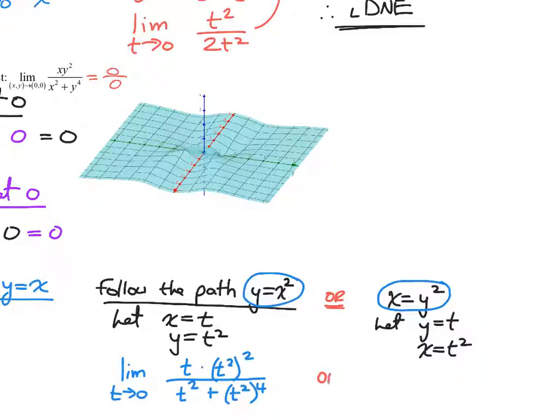Or, if I went the other way, the limit as t approaches 0 of t squared times t squared over t squared squared plus t to the fourth. All right, so that's all direct substitution.